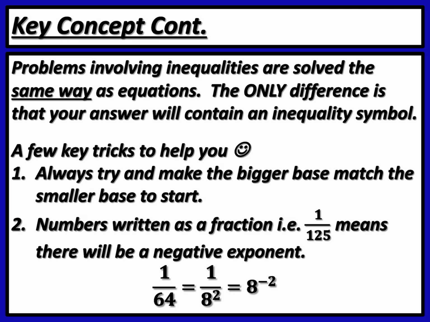So 1 over 8 squared is the same thing as 8 to the negative second power. Because it went from being in the denominator, we brought it up to the top of the fraction. We could consider this being 8 to the negative 2 over 1. Those are now equivalent, and we want it written this way, not in the denominator, so that we can solve an equation.